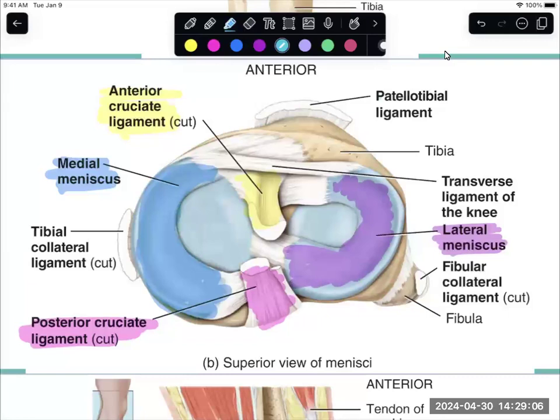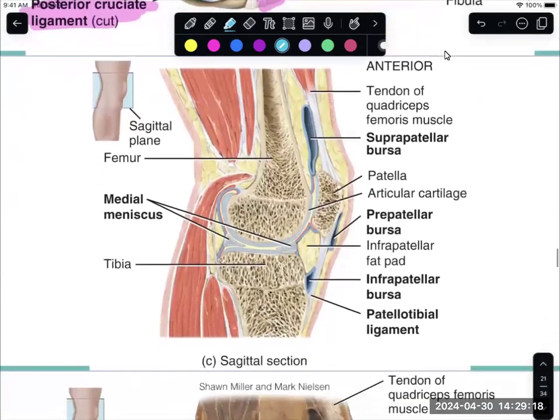From this view, you can also see that patellotibial, also just known as that patellar ligament that attaches to that tibial tuberosity. So here you can see that patellotibial, also known as that patellar ligament.